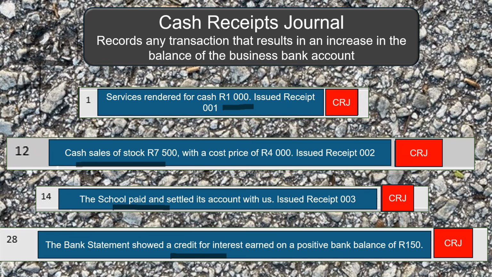If we earn interest on a positive bank balance, these four transactions will all result in an increase in our bank balance, and therefore we need to record them in the cash receipts journal. Remember, if the balance of our business bank account increases, that transaction needs to be recorded in the cash receipts journal.